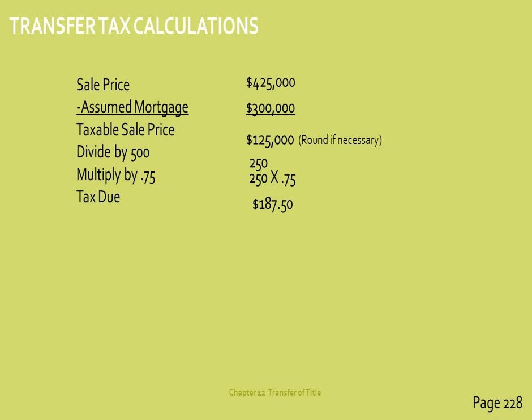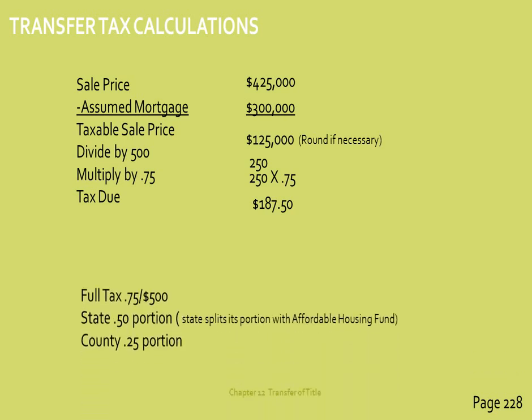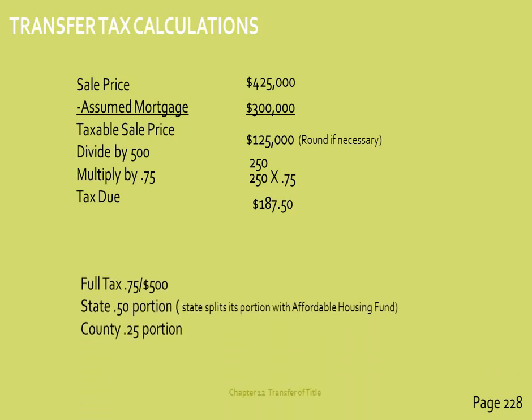Remember, the full amount is 75 cents per 500. The state portion is 50 cents per 500, and the county portion is 25 cents. Of that state portion, half of that 50 cents goes to the Illinois Affordable Housing Fund. So whatever goes to the state, half of what goes to the state goes to the Illinois Affordable Housing Fund.